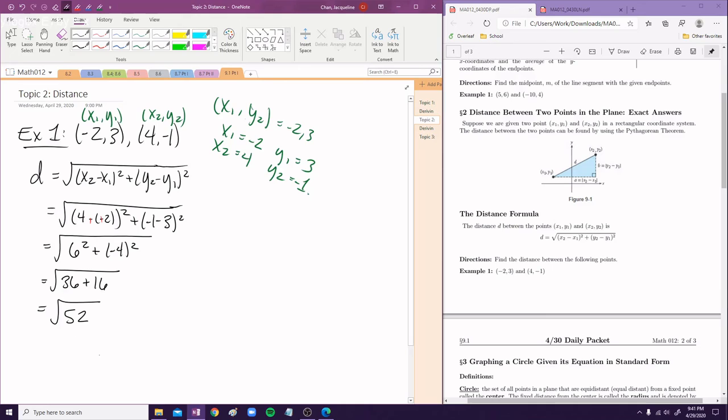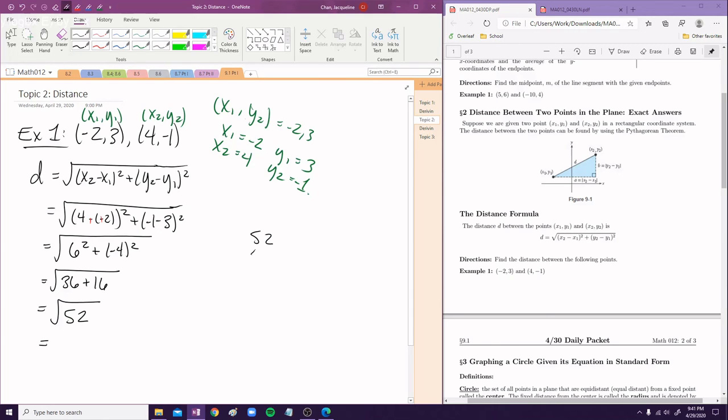Before we're done, we have to make sure that this is as simplified as possible. So 52, let's rewrite this as a product of prime factors.